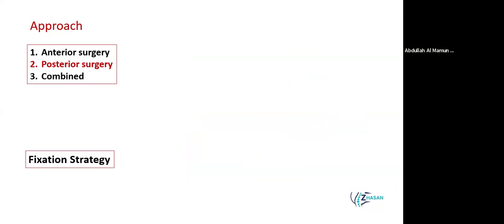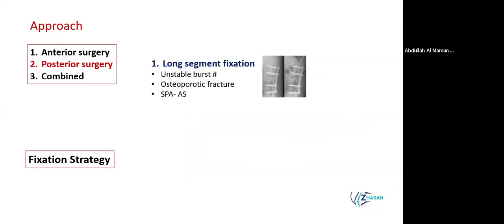For the fixation strategy, you can go for a long segment fixation system in case of unstable fracture, osteoporotic fracture, or an ankylosing condition or DISH. Everyone knows what long segment fixation is: 2 levels up and 2 levels down.